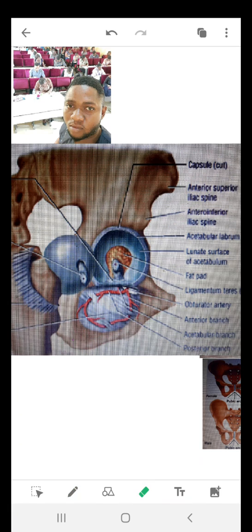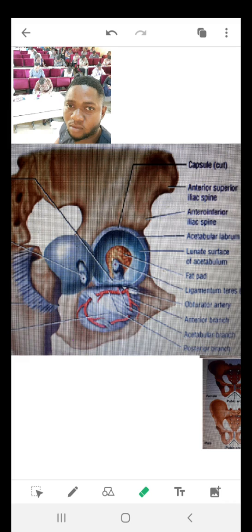It is important. Remember, I told you the last time that this foramen is closed up by an obturator membrane. It should be better for you to take note of these things. So, the obturator foramen is a large opening created by these two jealous sisters, the ischium and the pubis, through which nerves and blood vessels pass.